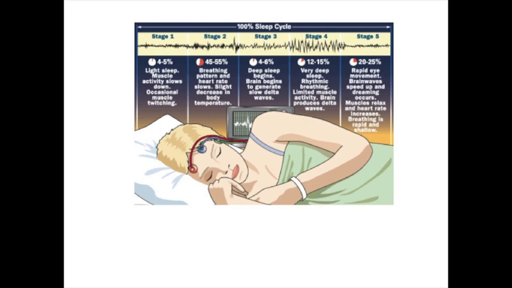And depending on the source that you look at, this number may be up to 25%. These two should be between 45 and 50% of the time. And I had one patient who came last week who was spending 7% of her time in REM and 4.2% of her time here in stage 4.